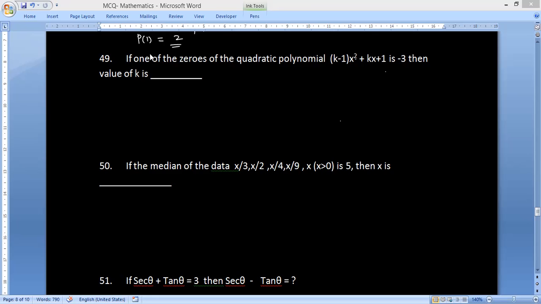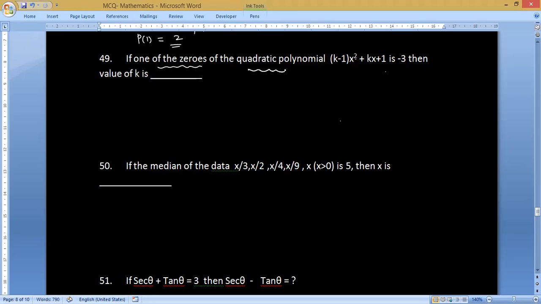So here he has given you p of x. P of x is equal to (k minus 1) x square plus kx plus 1.